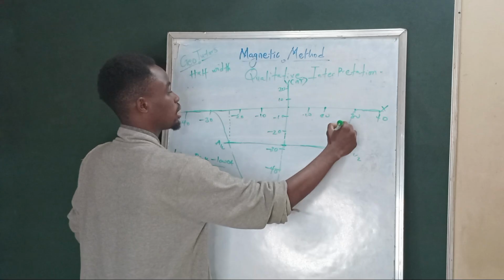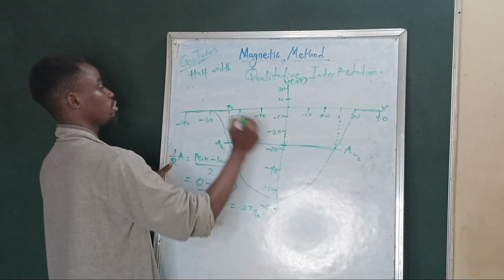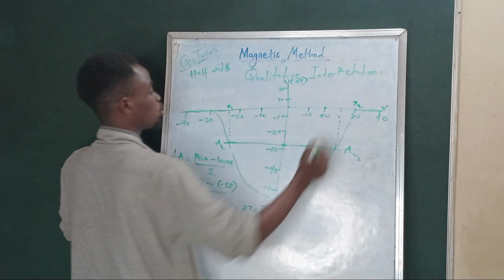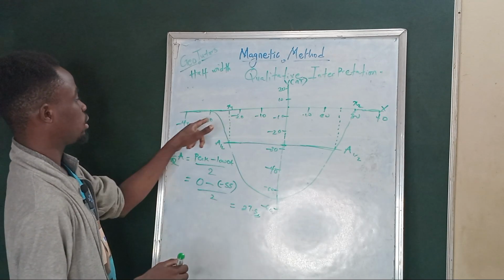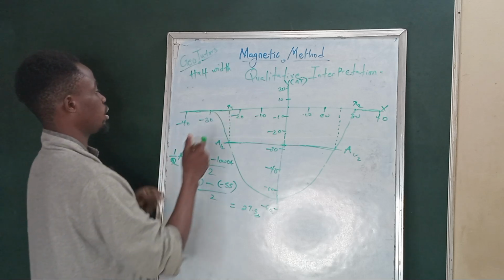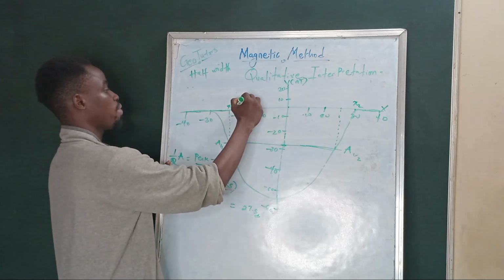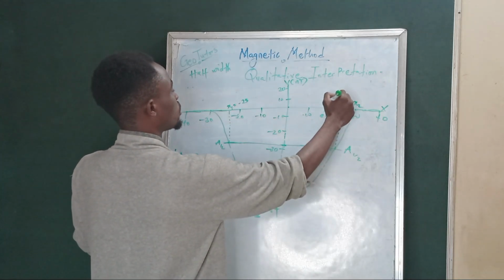Here we'll have x1 and here x2. Here is minus 20, here is minus 30, so in the middle x1 will be minus 25, and here x2 will be 25.